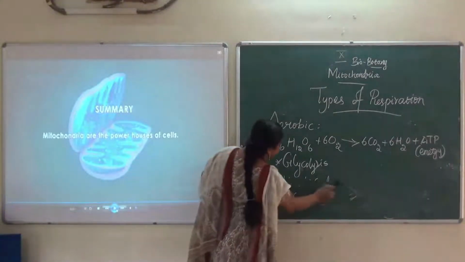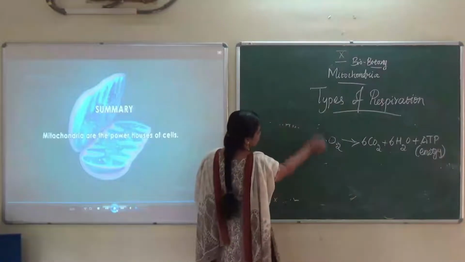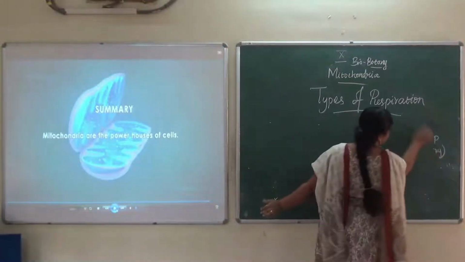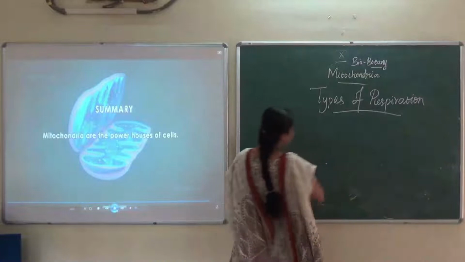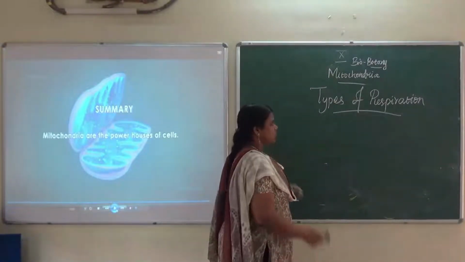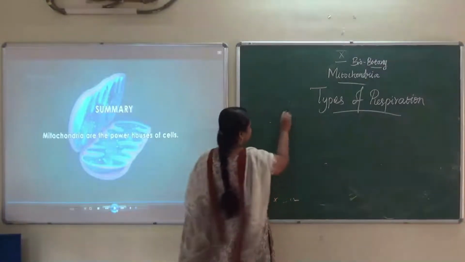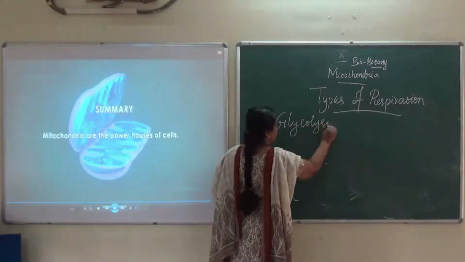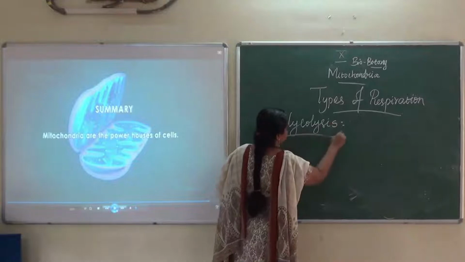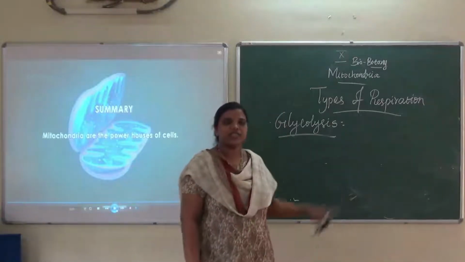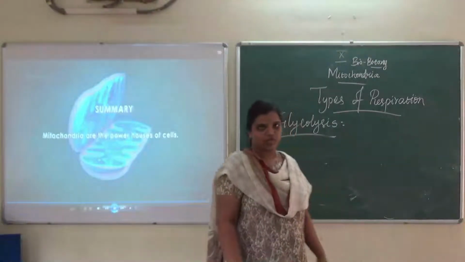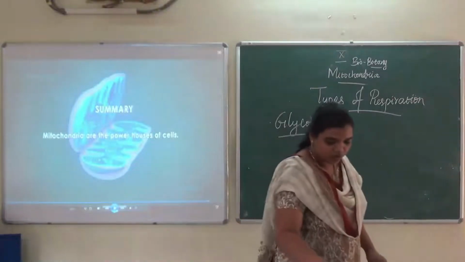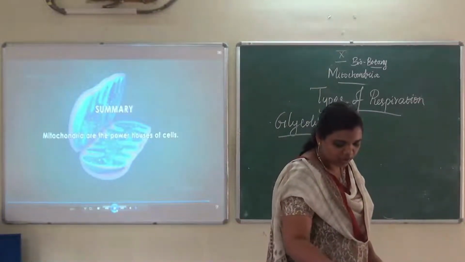Now first I will explain glycolysis. Please note the formula. Glycolysis occurs in the cytoplasm. Now I will draw a diagram. Please note the diagram.